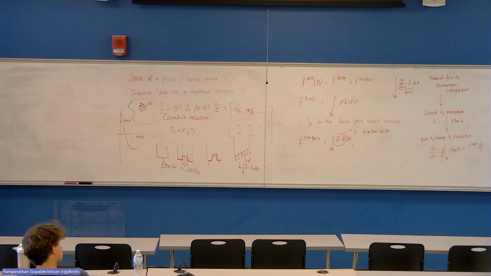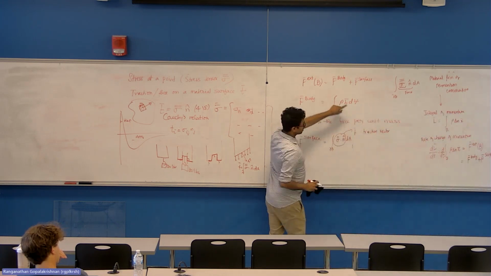This is where we started, just to retrace our path and continue, because we took an exit and we went to a town. Now we have to get back on the highway. So this external force, we are now writing as F body plus F surface.